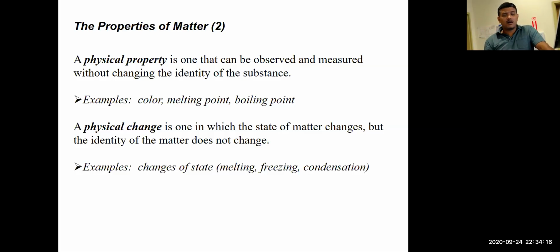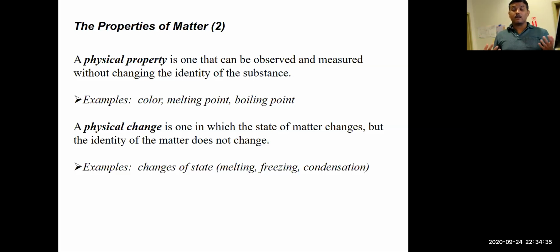So these are called physical properties, and you could use them to identify a particular substance, to differentiate one substance from another. For example, if you have pure ethanol and pure water, those two look exactly the same. You couldn't tell the difference.